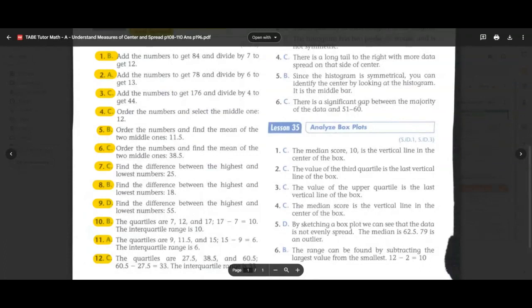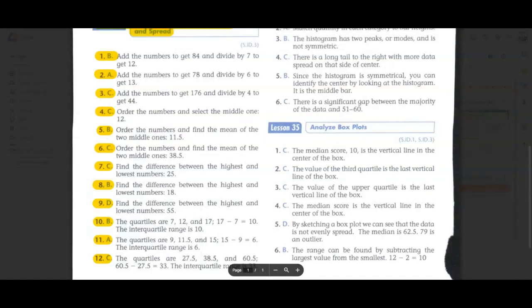All right, so here are the answers. And I was looking on the last ones, 10, 11, 12. 10 is right, 11 is wrong. That's the wrong answer. I didn't finish it.